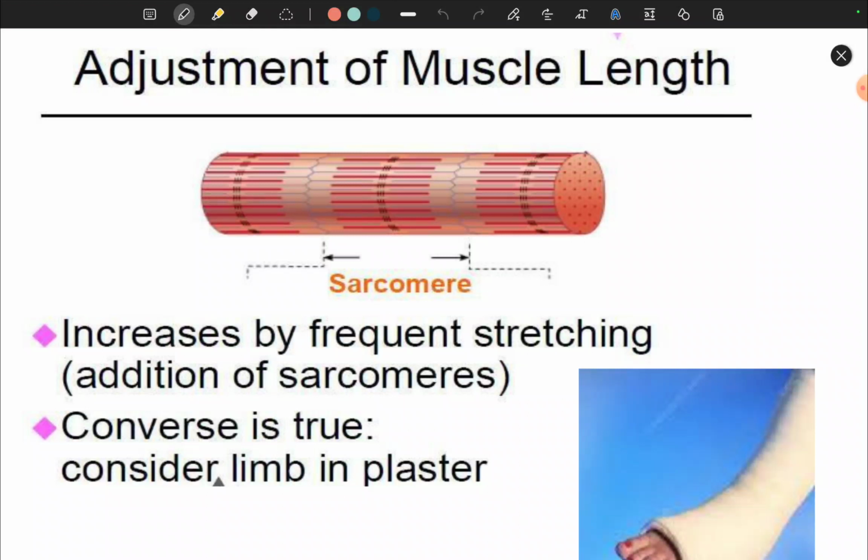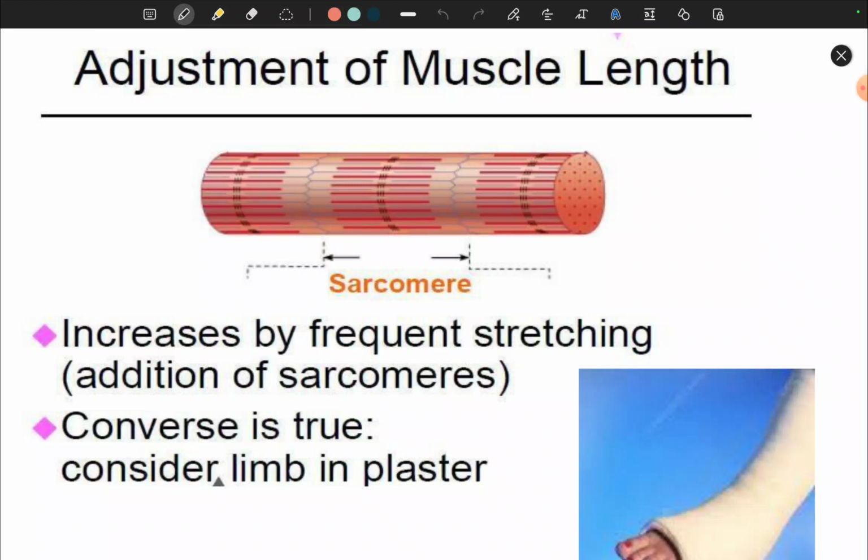Let's say the bone was not straight, it was oblique or tilted, and then they straightened it. So the muscles around this bone have to elongate to adapt to the new condition. And this will occur as a gradual process by adding more sarcomeres.